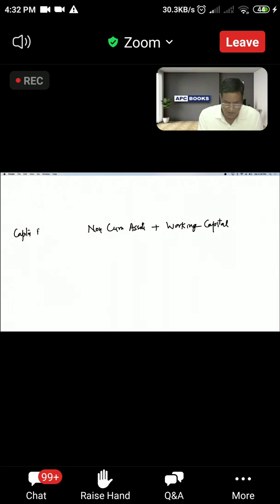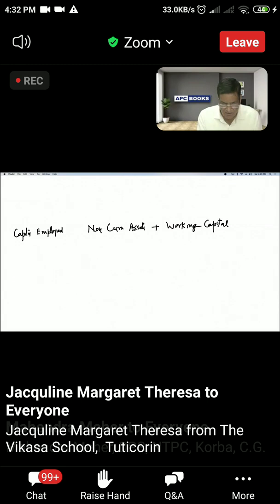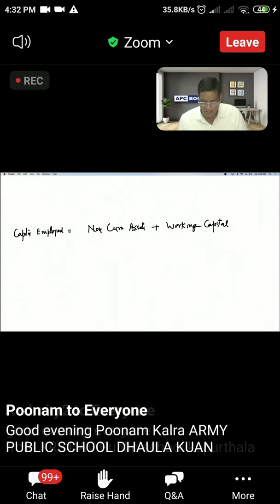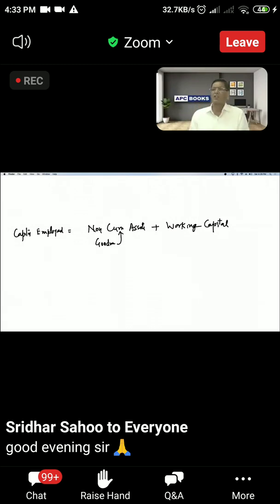Capital employed is equal to non-current assets plus working capital. In this illustration, simply land and building, plant and machinery, plus goodwill. Goodwill is very much a non-current asset. It shall be taken into consideration.